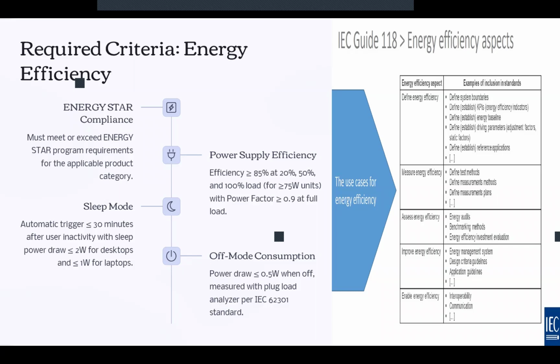Power supplies rated at 75 watts or more must be at least 85% efficient at 20%, 50%, and 100% of their rated loads. The power factor, which shows how efficiently electricity is used, must be at least 0.9 at full load.